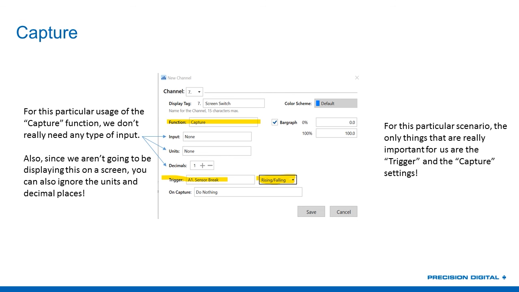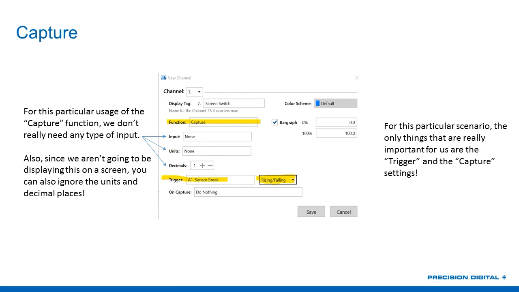Now, there is an inputs and a units on this. You do not have to worry about those. All we're concerned with is the trigger and what to do on capture. So the first thing we do here is you choose what your trigger is.